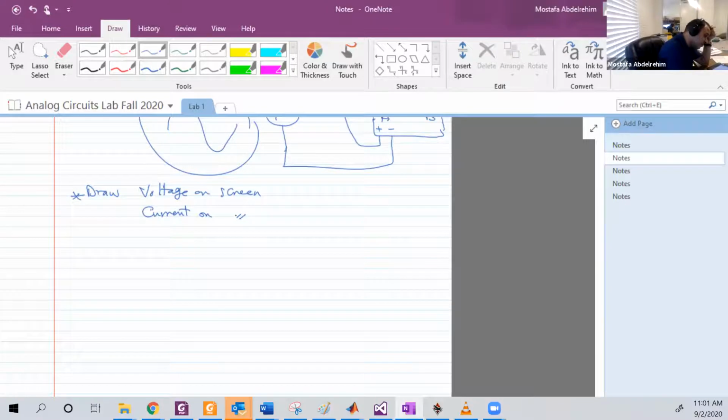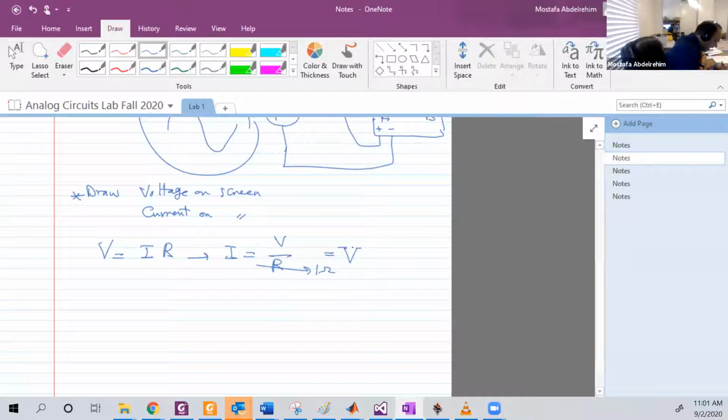Okay, that's a problem. So what we're gonna do is a very nice trick. We know from Ohm's law that V is equal to IR. So I is equal to V over R. If R is equal to 1 ohm, then I will be equal to V.